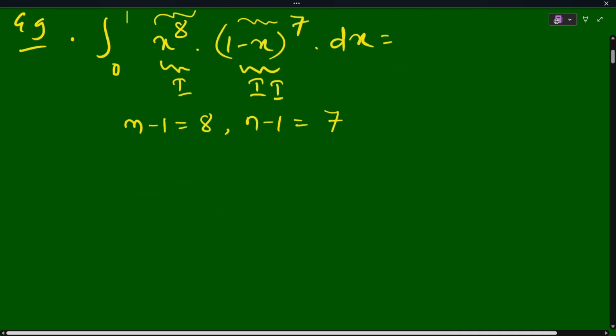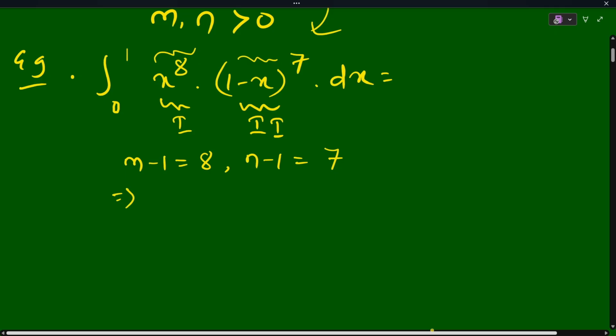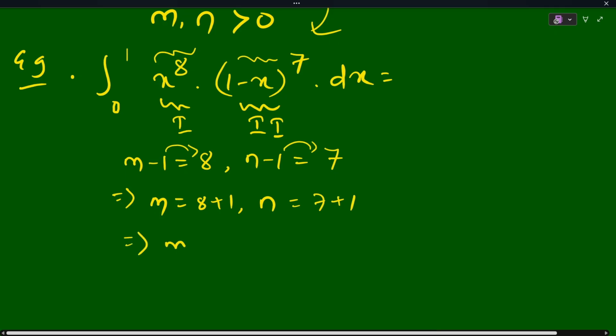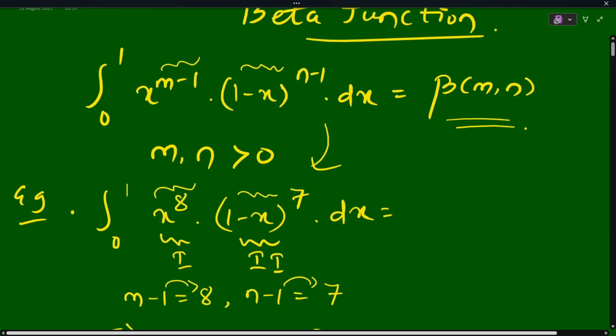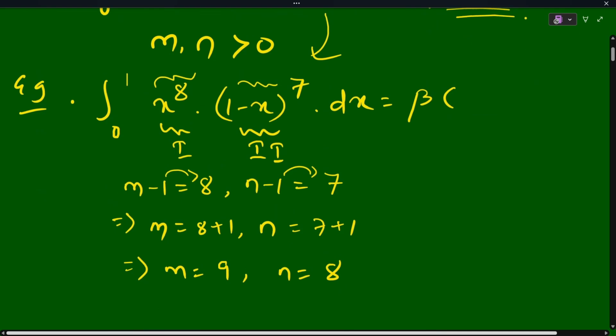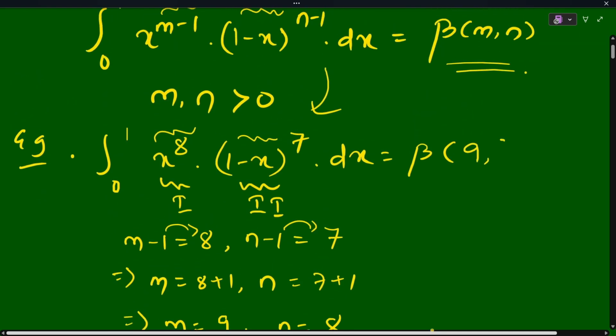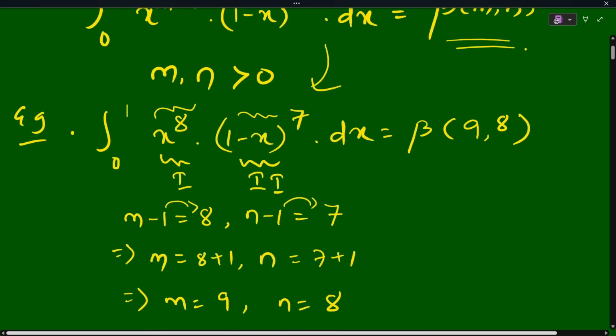After solving, take the 1 to the right hand side: the m value is 9, and similarly the n value is 8. So the value of this integration would be beta m comma n, where m is 9 and n is 8. Now I got that this value is the beta function.